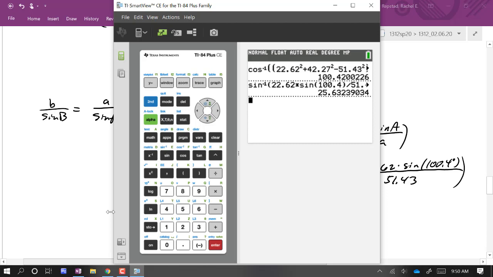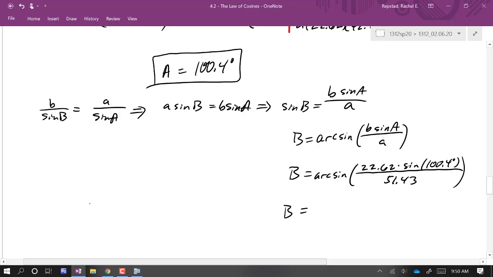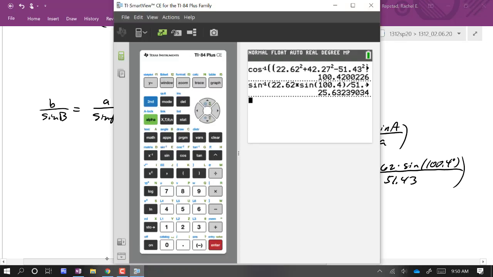25.6 degrees. Now we have two angles. So the last angle is not too difficult to get.